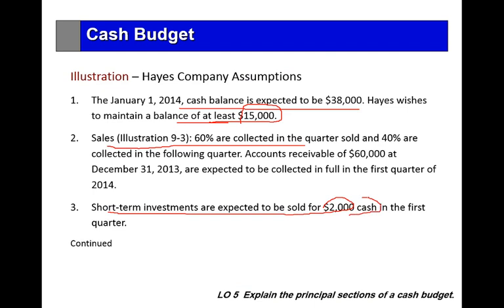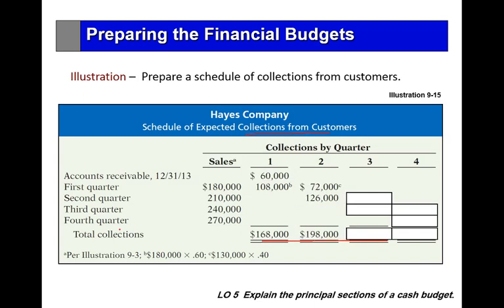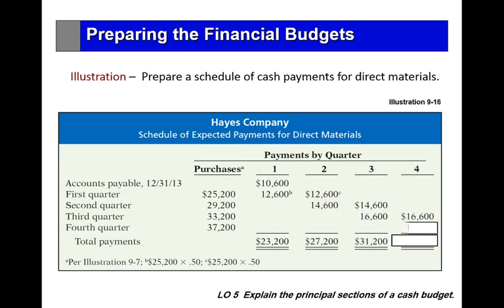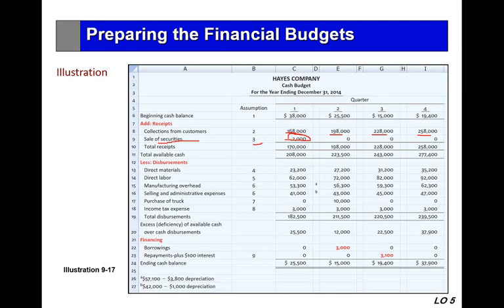We must concentrate on cash. If it's not cash, it will not be shown in the cash budget. It must be cash. And here it says the first quarter, so we put the sale of investments in the first quarter according to the question.